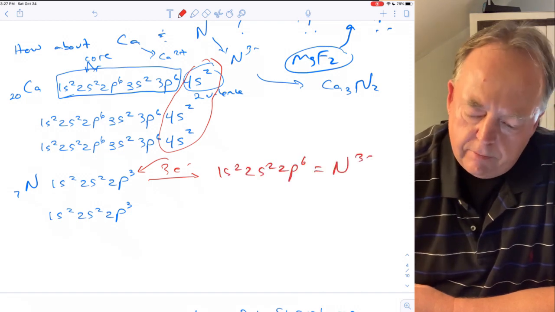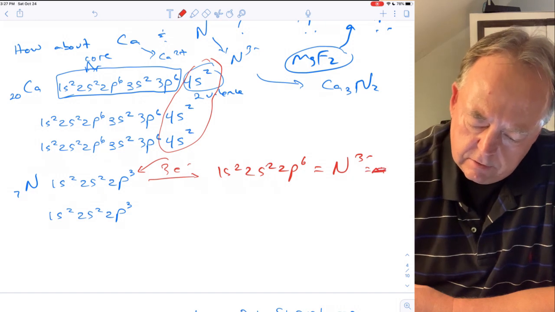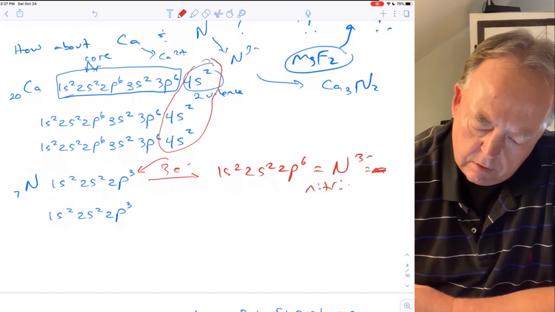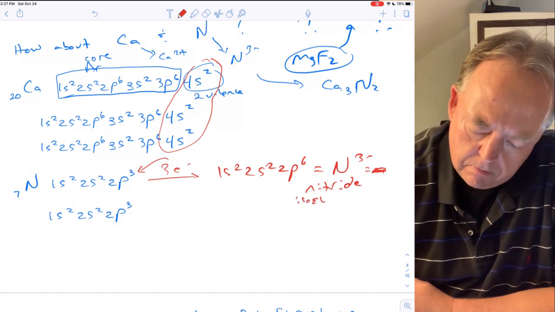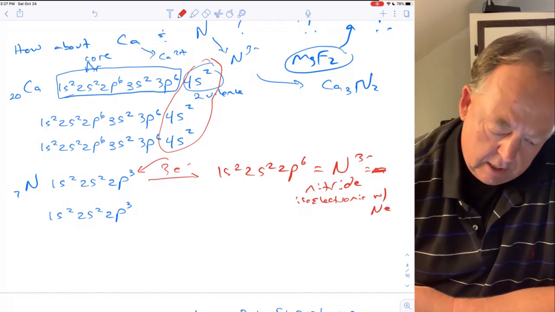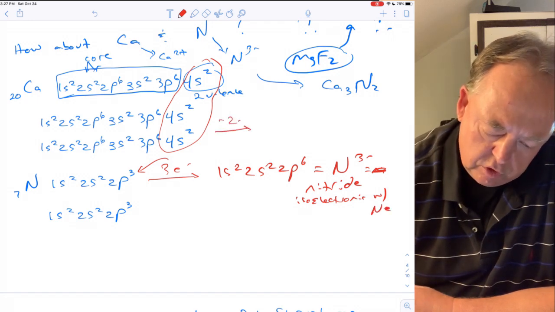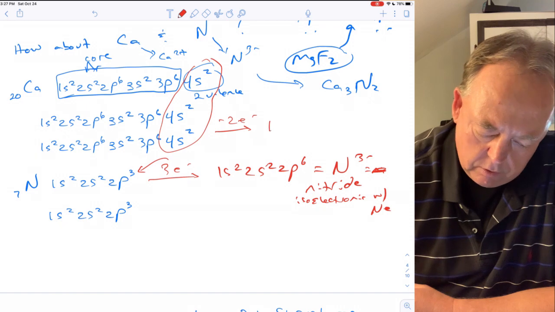So that would be N3-, which is nitride, which is isoelectronic with neon. And then calcium, of course, is going to lose 2 electrons, each calcium will.